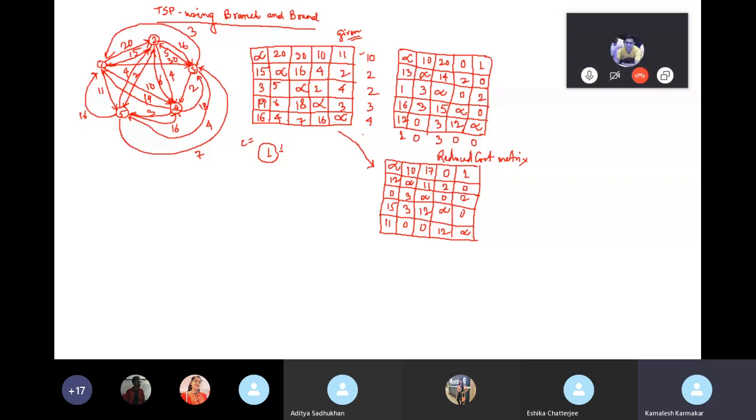So the sum of these rows means 10 plus 2, 12, 14, 17 plus 4, 21, and during this reduction from the column, this value is 1 plus 3, so 4, 21 plus 3. So the sum of this value is 25. So the cost value of this vertex will be 25.